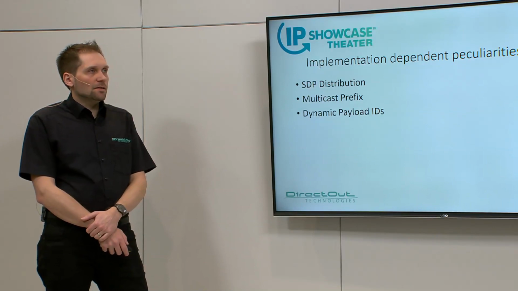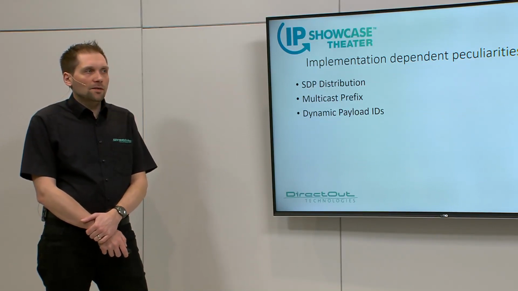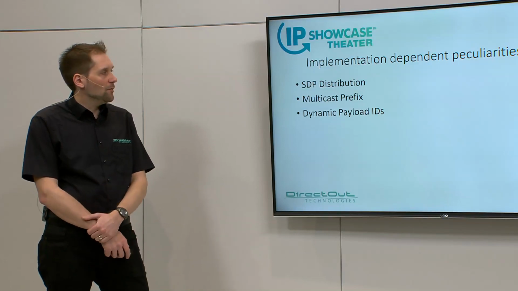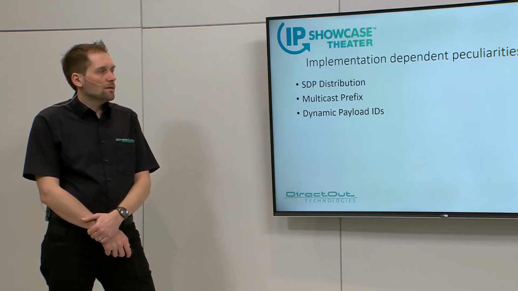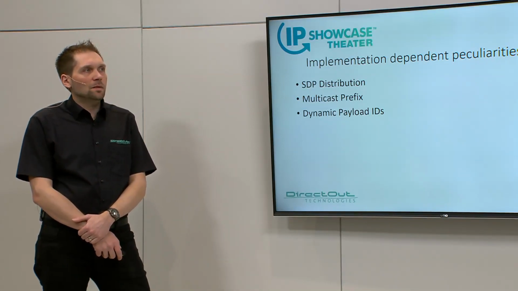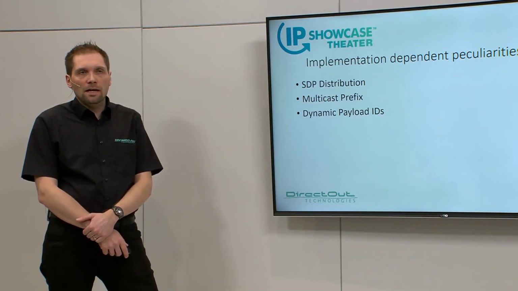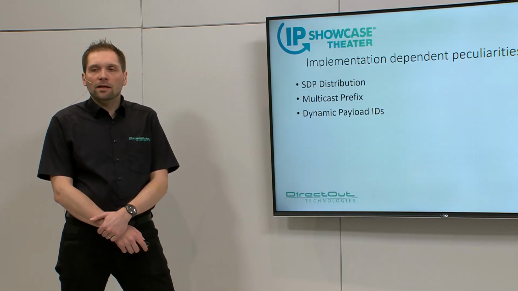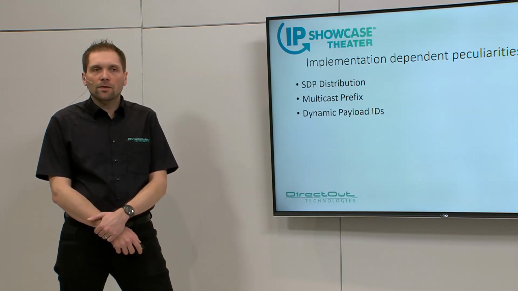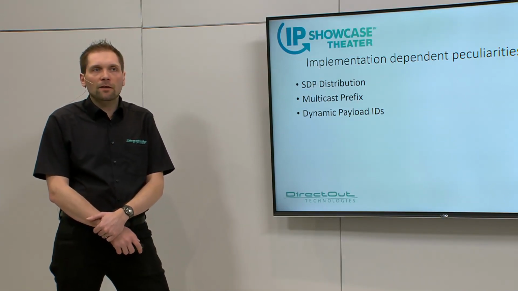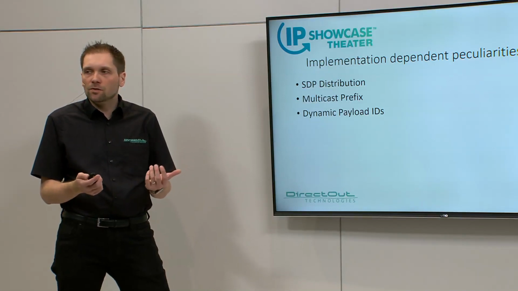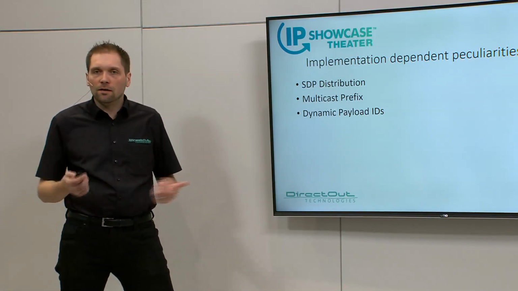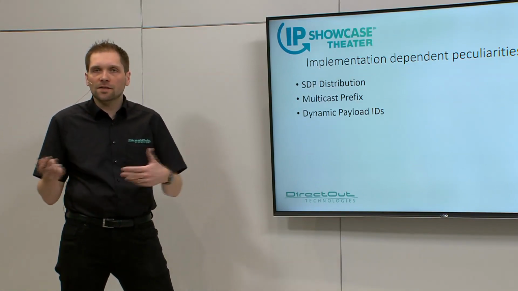Dynamic payload IDs are maybe a pitfall. I've come across implementations where the payload ID is set to a certain value and it cannot be changed. And as it cannot be changed, the manufacturer does not really give that information in the user interface, so you just don't know it. They implemented something, and it works with their implementation because it's all the same.